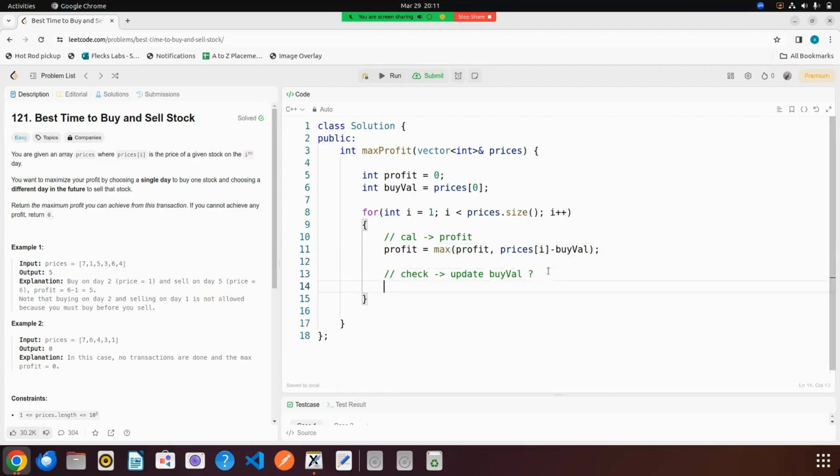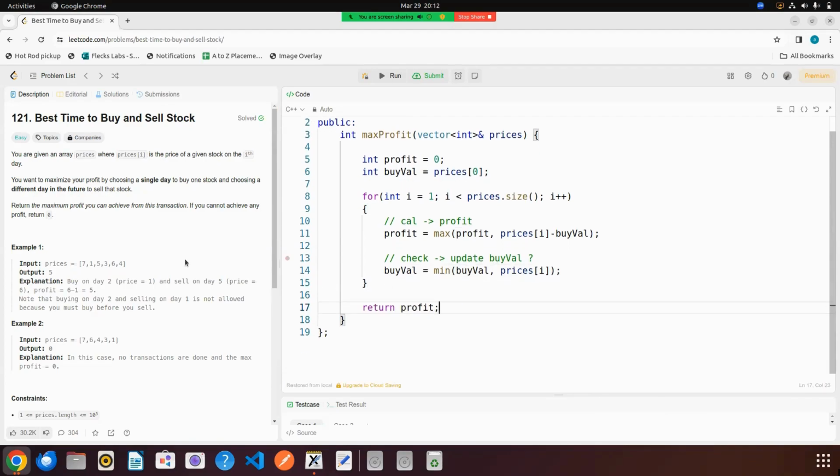Now let's check whether we should update our buy value or not. So buyVal is equal to min of buyVal, the buy value we have currently, or today's price. Okay, and at the end we just have to return the profit.